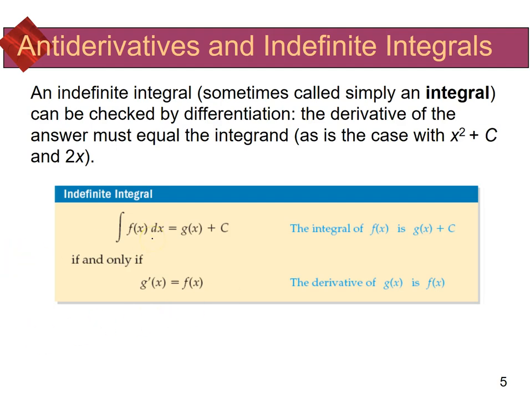An indefinite integral, usually just called an integral, can be checked by differentiation. So if you do the integral of a function, you get another function plus c, you take the derivative of that, treating c as a constant, you should get back what you started with.